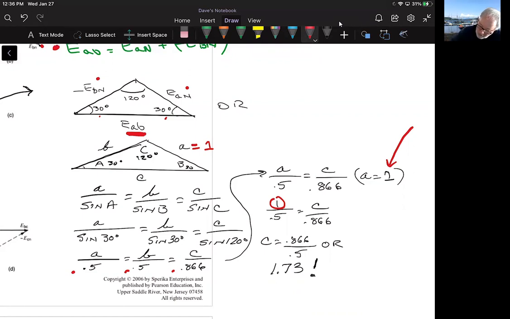If we solve that for C, the relationship between this side A and this side C is 1.73. So if this is 1, this is going to be 1.73. What we can take away from that is anytime we know the phase to neutral measurement, we can multiply that by 1.73 and get the phase to phase measurement.